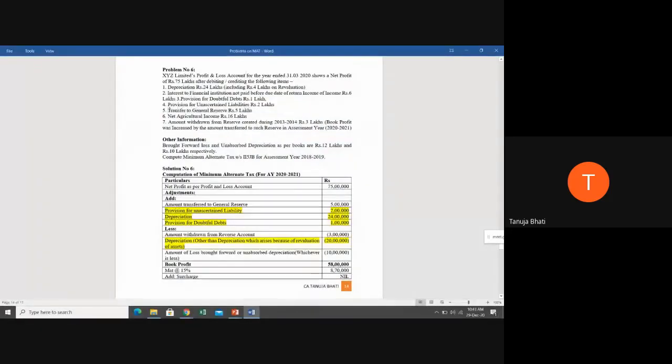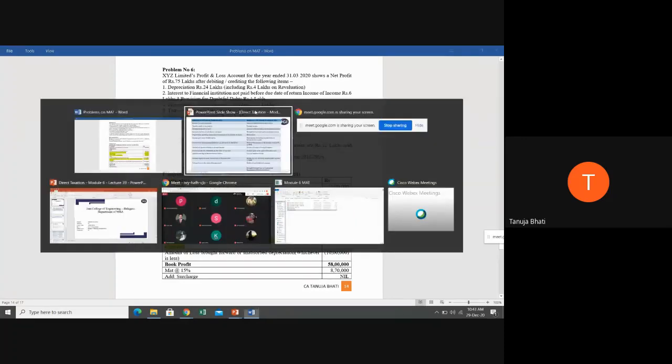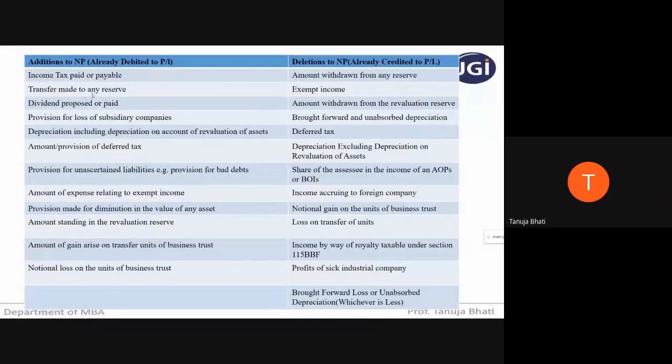Now here, transfer to general reserve 5 lakh. You're going to add it or minus it, students? When you're transferring to reserve, you have to add it. Here we have seen the second point, transfer made to any reserve should be added to the net profit. But amount withdrawn from any reserve, you have to minus it from net profit.